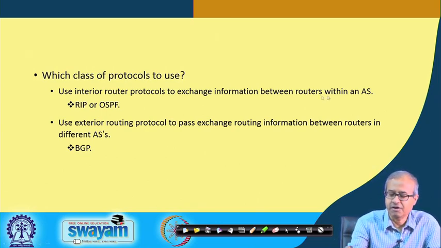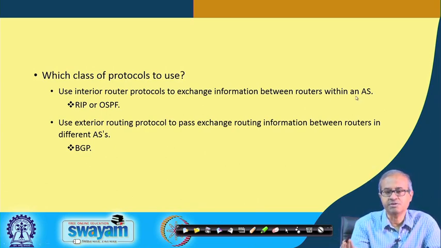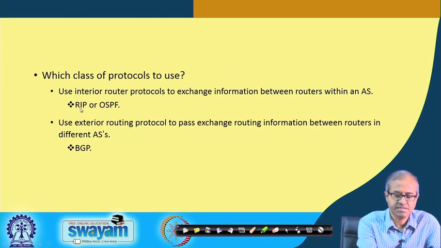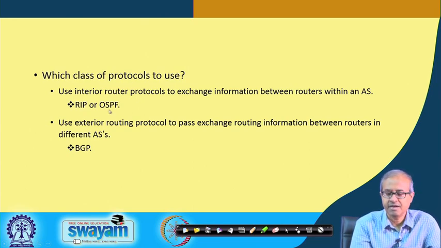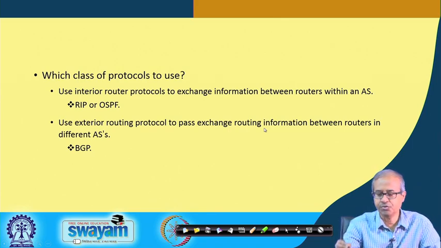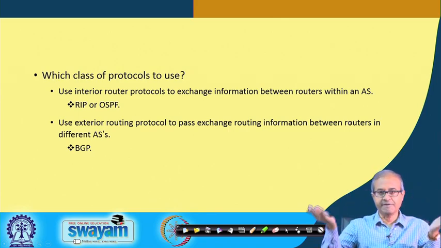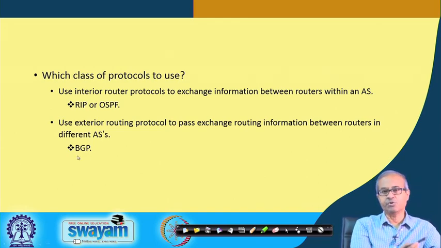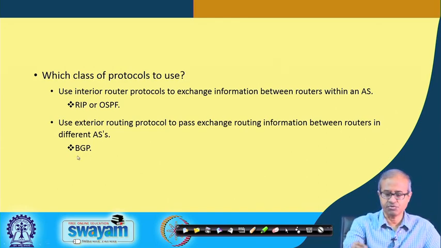For routers within an autonomous system, you use interior routing protocols, RIP or OSPF, and to exchange routing information between routers in different autonomous systems, you use an exterior routing protocol like BGP. This is what we use.